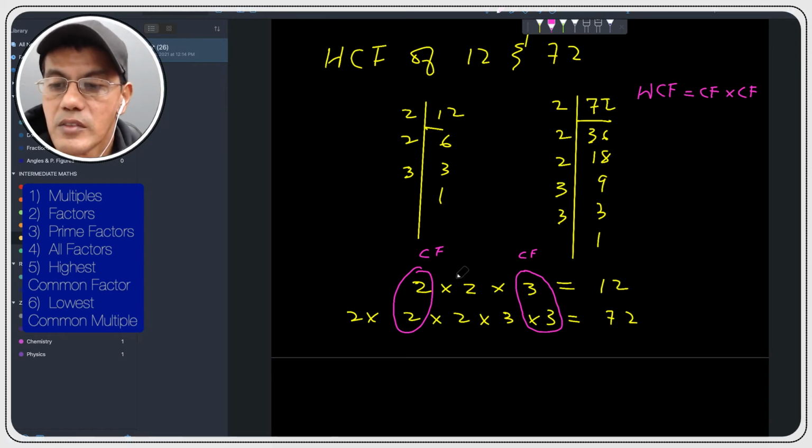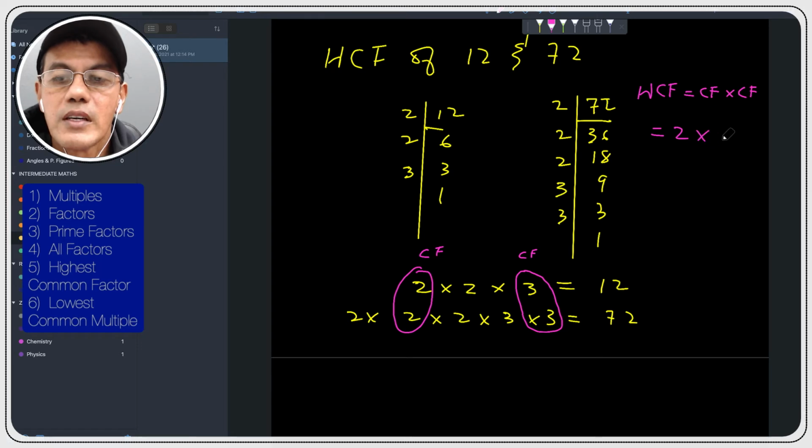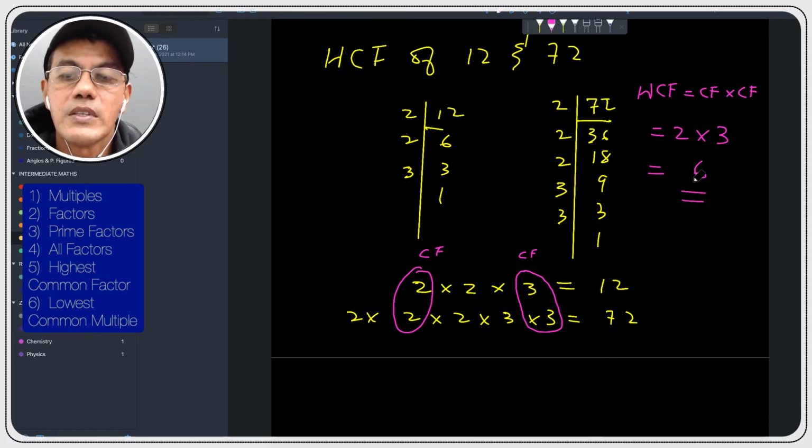And you can have more than 2. In this case you only have 2 common factors, so you just multiply the common factors to get the highest common factor. So in this case it will be 2 times 3, and it's equal to 6.